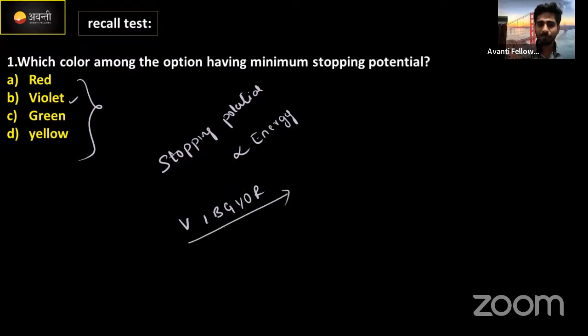From violet to red color, lambda increases. From violet to red, frequency decreases.